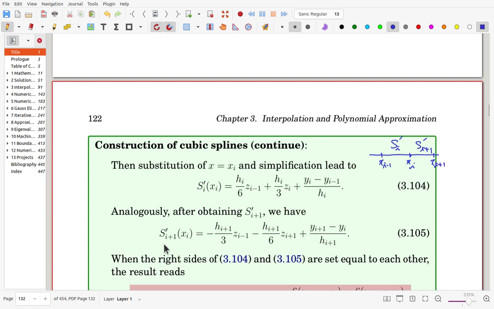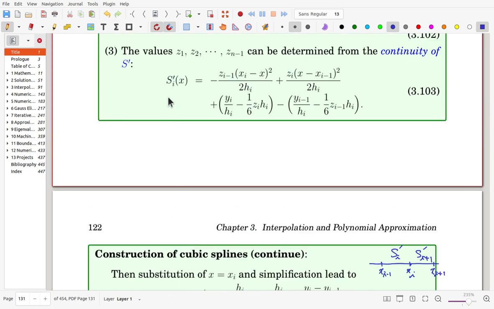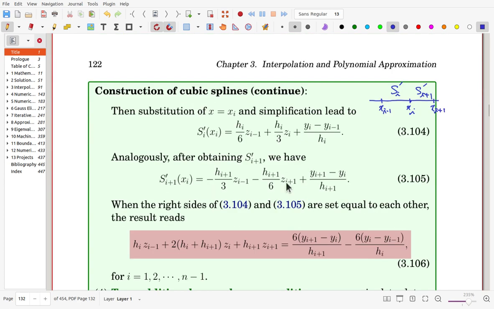We can get Si+1 prime from this one with i replaced with i+1. Then we use xi and we get this right side. So these two should be the same. With a little bit of algebraic manipulation, we can get this equation. But this is available only for i from 1 to n-1, the interior points.